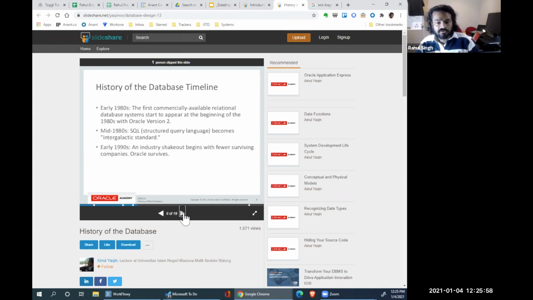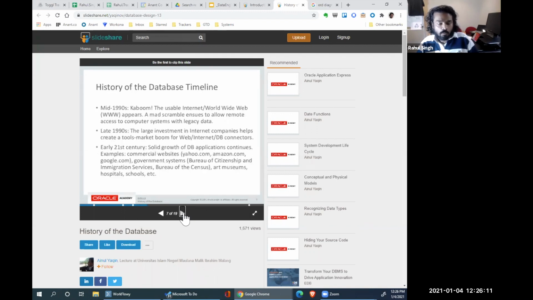In the 90s, this is when we see other commercial databases and open source databases. This is a slightly old deck, but when the internet became a thing, other databases started to become very prominent.